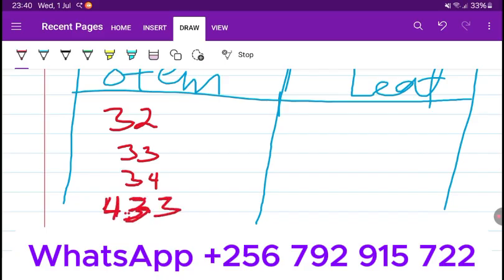Then we come and complete these other values. The first one was 3, 2, 5. So we put our 5 this side. Then 7.